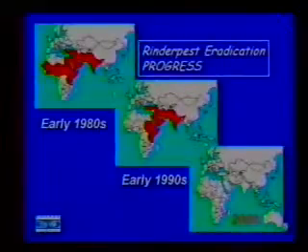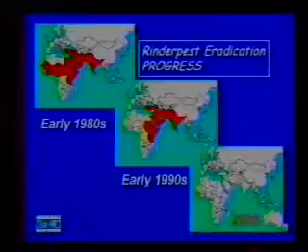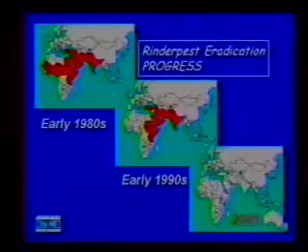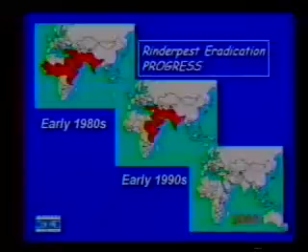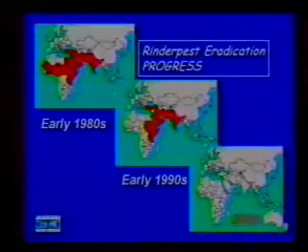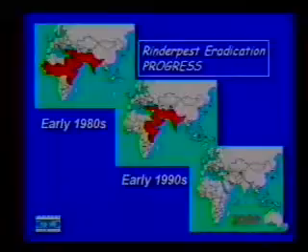But by the year 2000, we suspect that disease in the Sudan, even though it's shown here in 2000 as possibly present, we've not been able to confirm that recently, but it is present in wildlife at this stage in Kenya, and the other center is here in the Indus Valley in Pakistan.